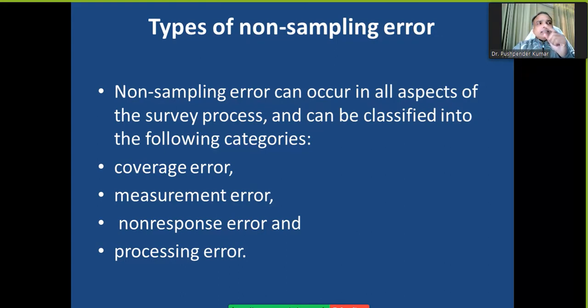you have taken stratified sampling, or suppose you have taken a random sampling, right? In random sampling there is a problem that sometimes it is not covering the whole population. For example, in my own college we have 5,000 students, right?